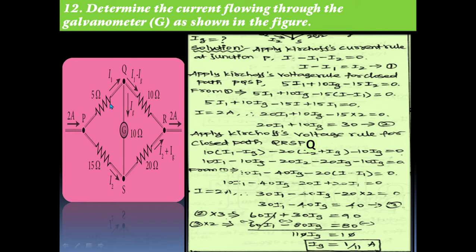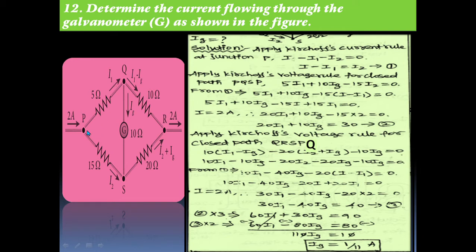The product of resistance and current in the clockwise direction becomes positive, and in the anti-clockwise direction becomes negative. Here the clockwise currents are I1 and Ig, and the anti-clockwise current is I2.